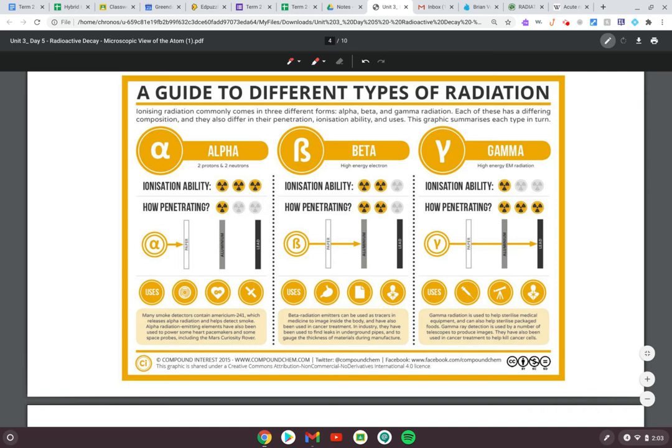The gamma particles generally don't, but the gamma particles generally have more energy, and the alpha particles have a little bit less energy. Now, does that mean that alpha particles are not harmful, or gamma particles are the only thing that are harmful? And the answer to that question is no. They're all pretty harmful. It just depends on how those particles get into your system.